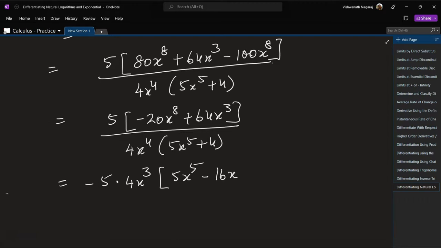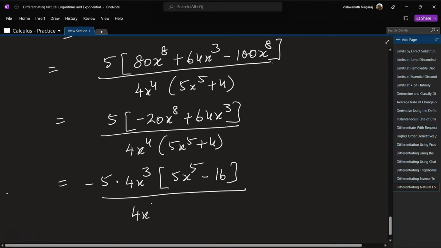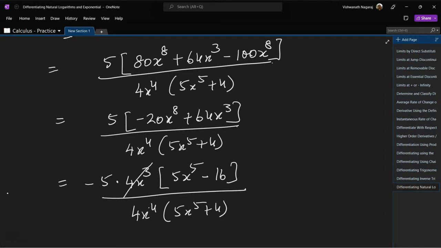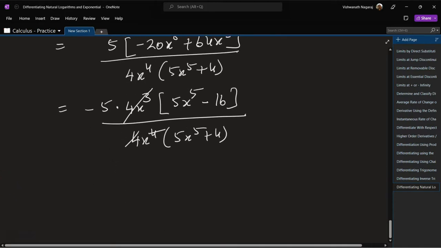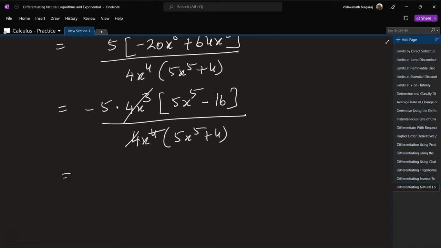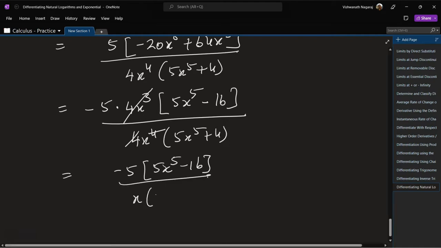So 16x cube has been taken out, so we don't have any x, divided by 4x^4 times 5x^5 plus 4. So here 4x cube goes off and 4x to the power of 3 goes off, so only x is left. So which means our derivative is minus 5 times 5x^5 minus 16 divided by x times 5x^5 plus 4.